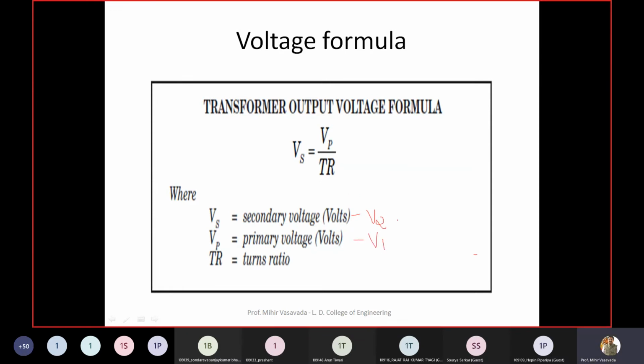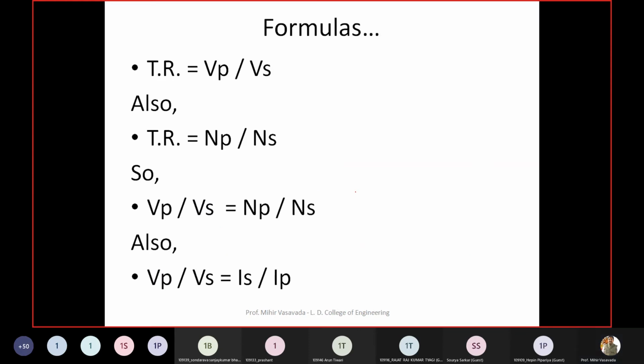So if you want to find the secondary voltage, if you know the primary voltage, you can do it using the turns ratio. So these are the formulas. To conclude all formulas, turns ratio is primary voltage upon secondary voltage or primary turns upon secondary turns.